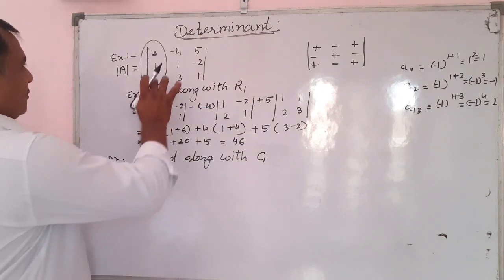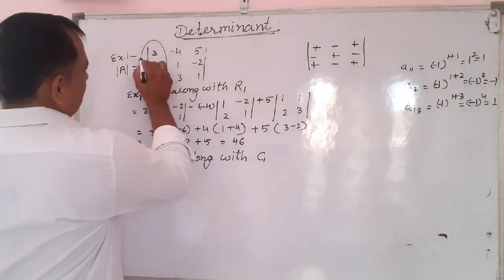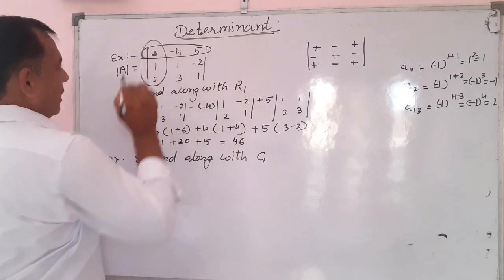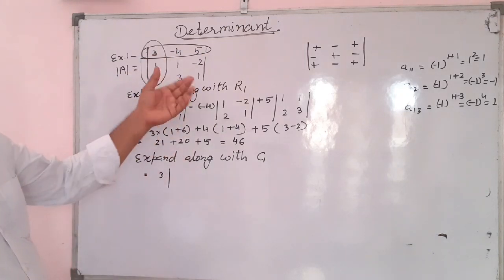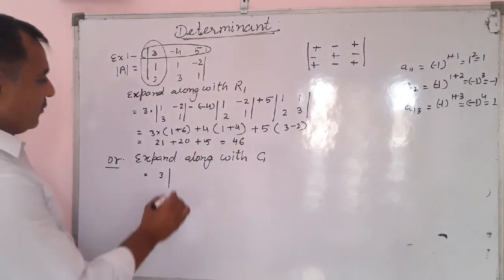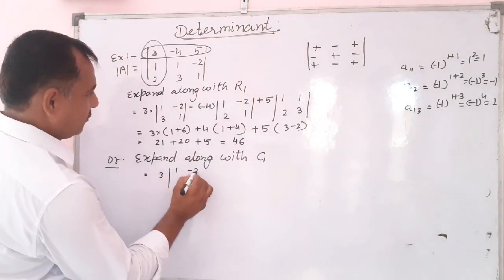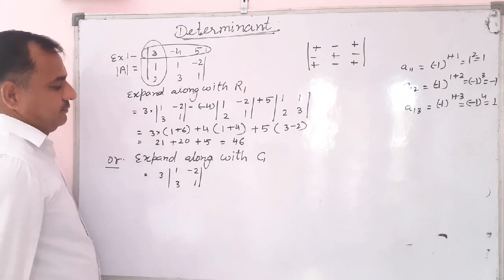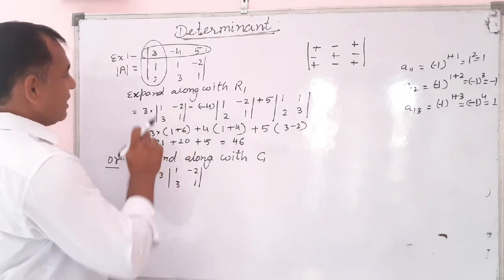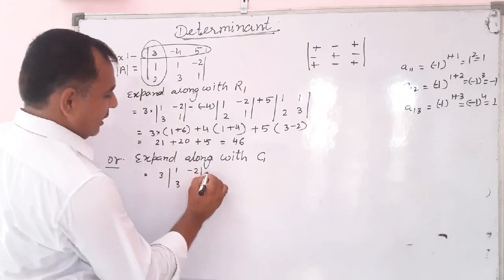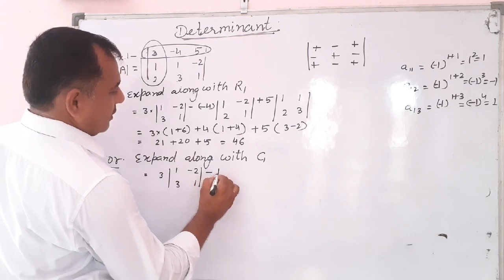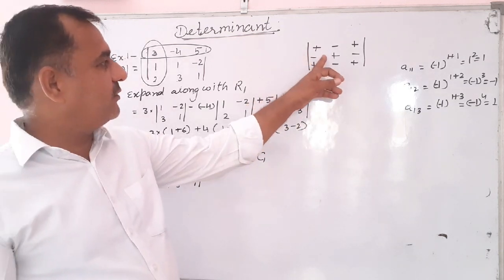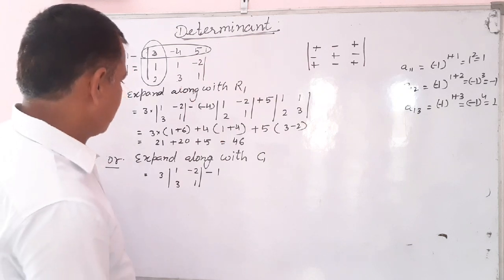Element of the first column and first row are eliminated, and after that remaining are 1, minus 2, 3, 1. Second element is 1, then minus 1. Sign according to this: plus, minus, plus.